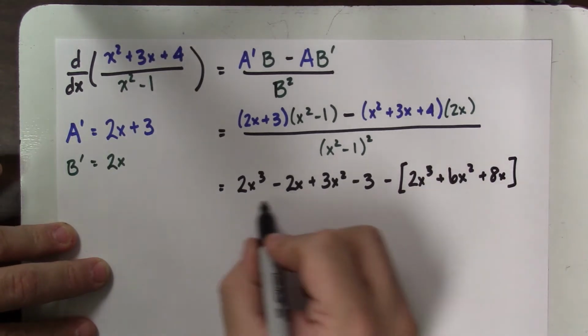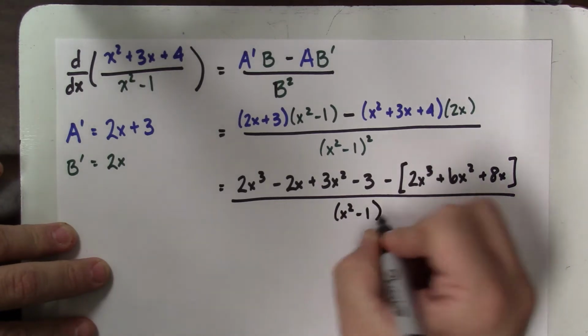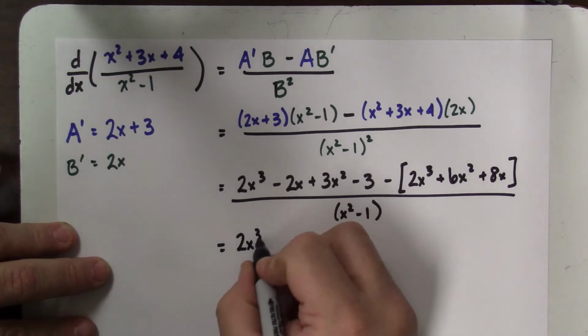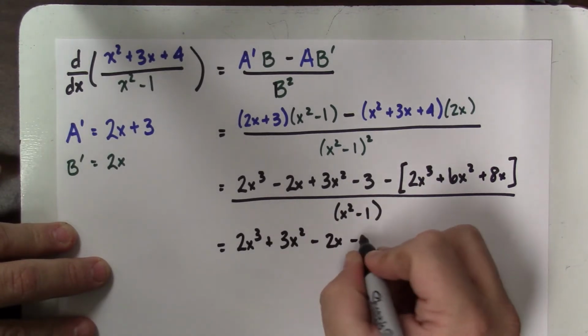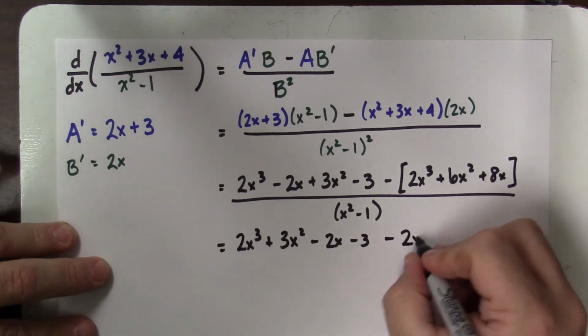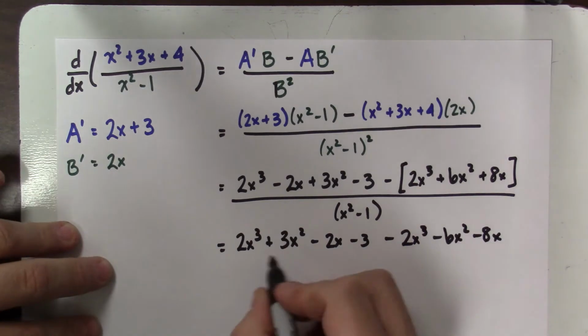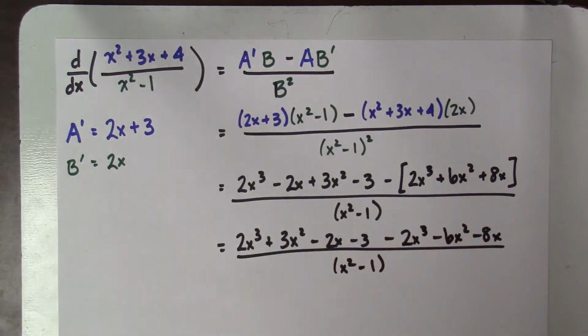I've got to be careful. Notice I put all that in a grouping just so I keep track of the subtraction. So now I've got 2x cubed plus 3x squared minus 2x minus 3 minus 2x cubed minus 6x squared minus 8x, all over x squared minus 1.